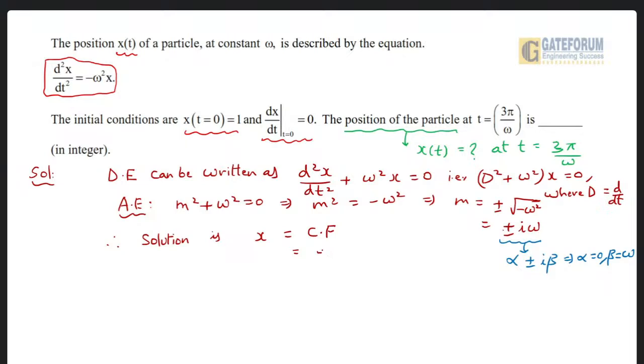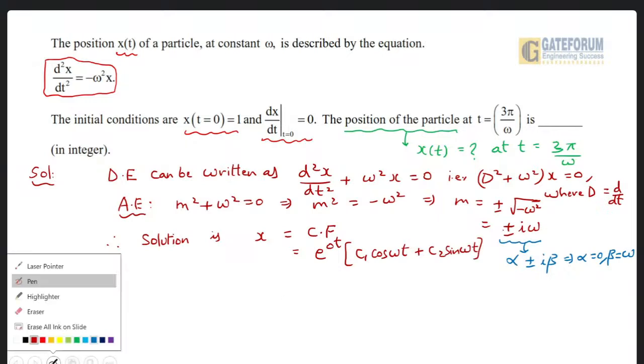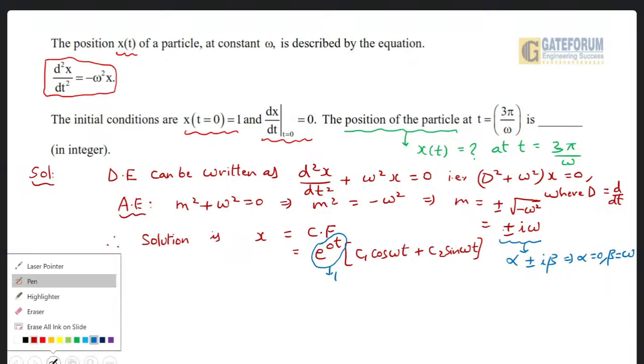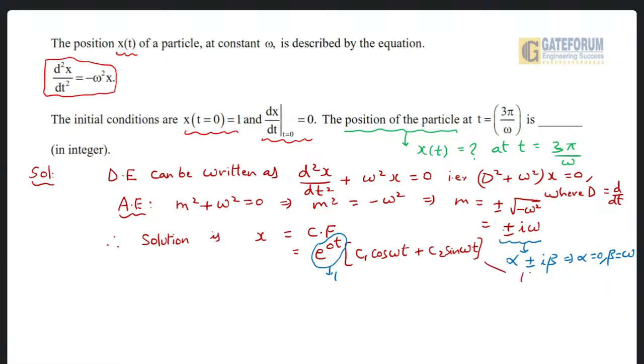So e power alpha value 0, e power 0 t into C1 cos beta value omega t plus C2 sin omega t. Okay. Now let us denote this as equation 1. One of the initial conditions is dx by dt. So find dx by dt for this solution.